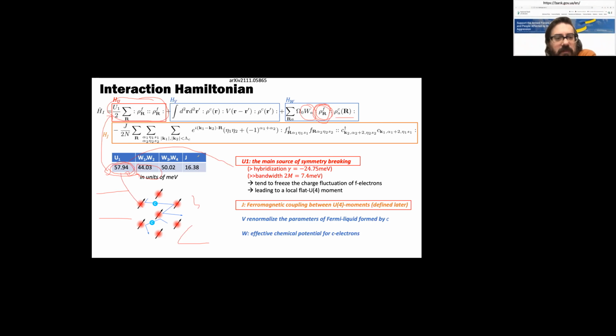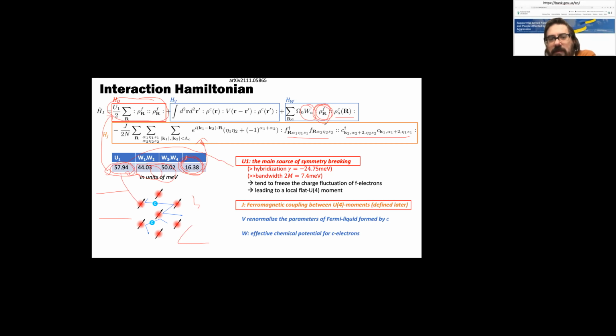This will become a chemical potential for the C electrons. And very importantly, there's one that's actually a smaller value, but it's a very important parameter because it will open a gap in the correlated states, and the gap depends on this: the ferromagnetic interaction between the F and C electrons.